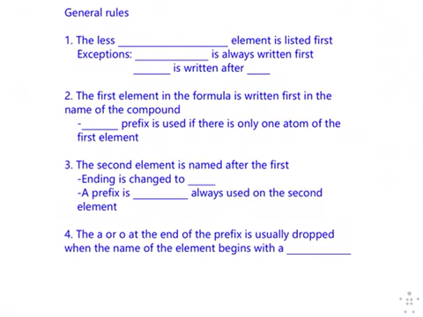So, general rules when naming molecular compounds. The first is that the less electronegative element is always listed first. There are some exceptions. Carbon is always written first. And then the other exception is that hydrogen will be written after nitrogen if they are paired together. Usually this order is a fairly good rule of thumb to follow.